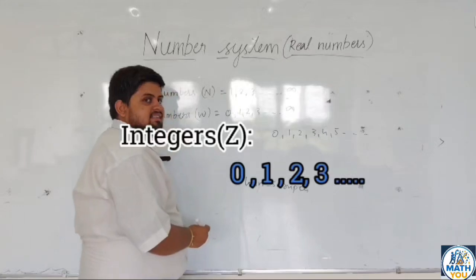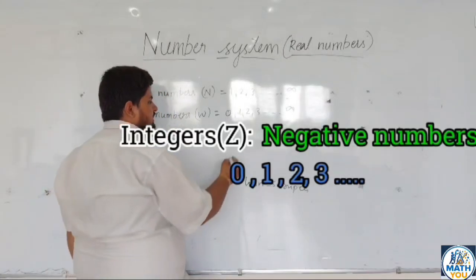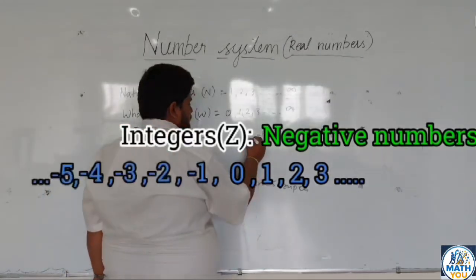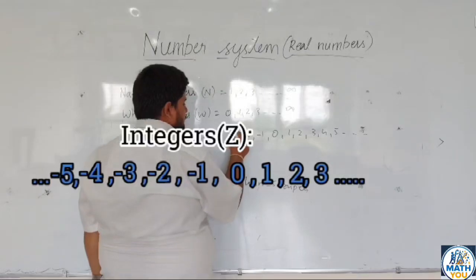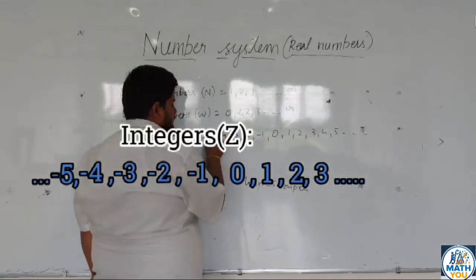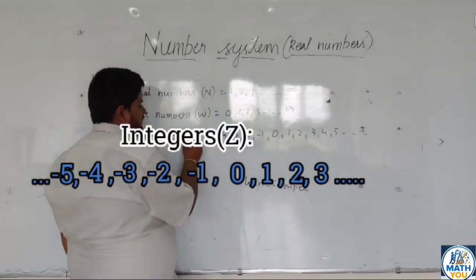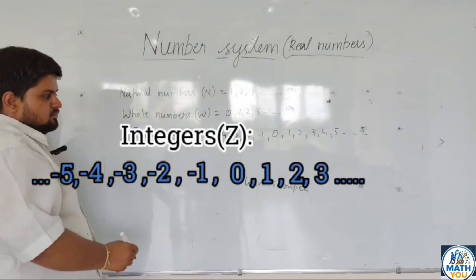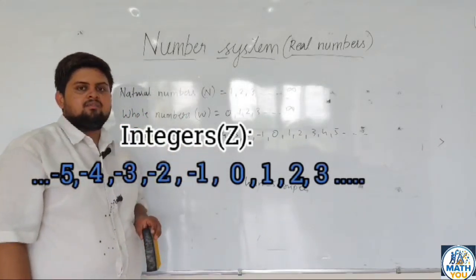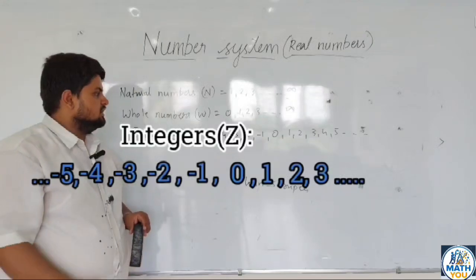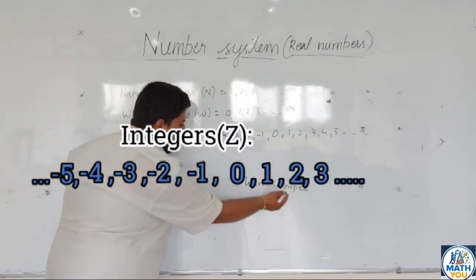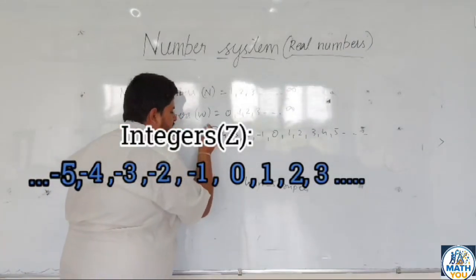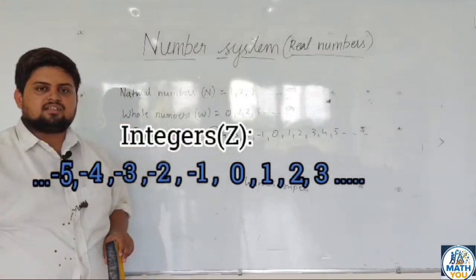They are called negative numbers, represented by -1, -2, -3, -4, -5, and same up to infinity. It continues till the end. So this loan of 5 rupees is represented by this -5.